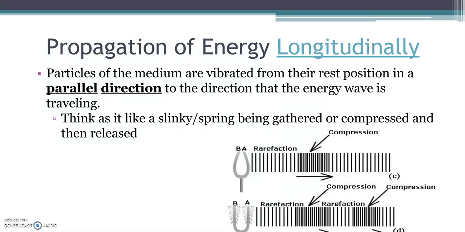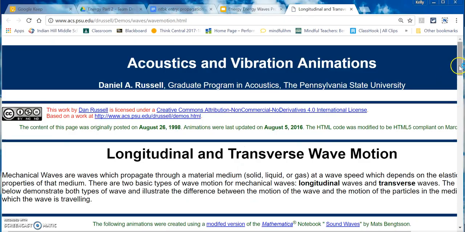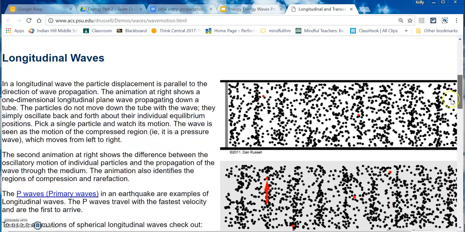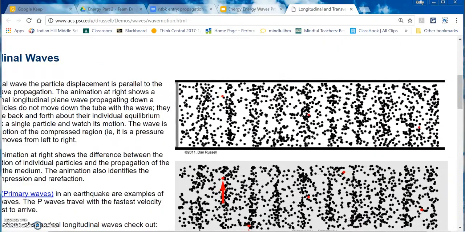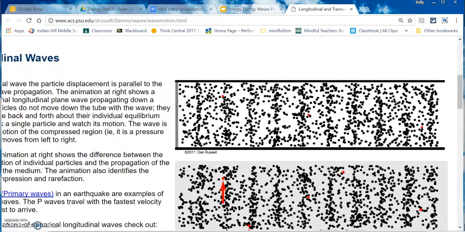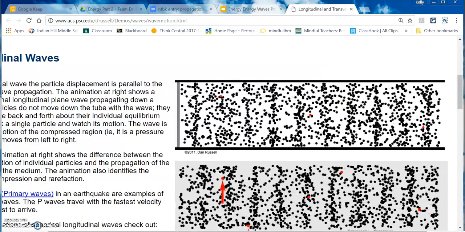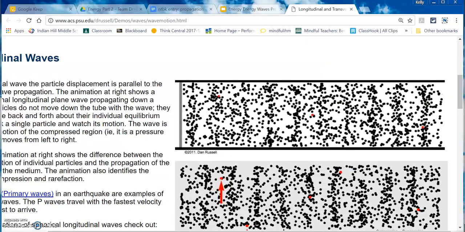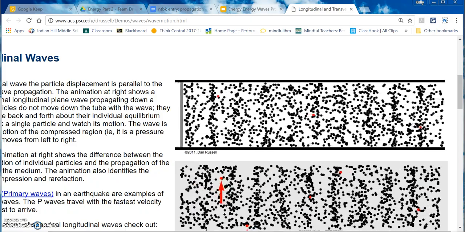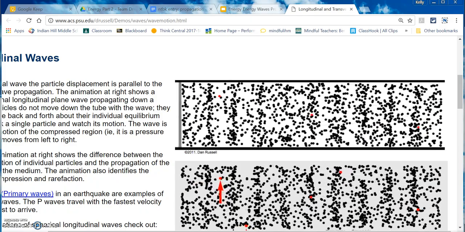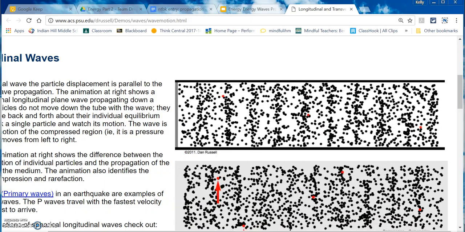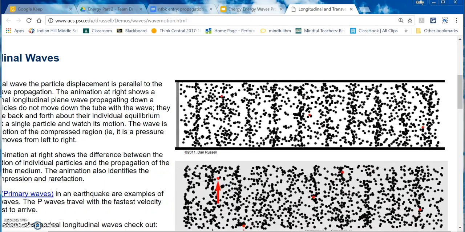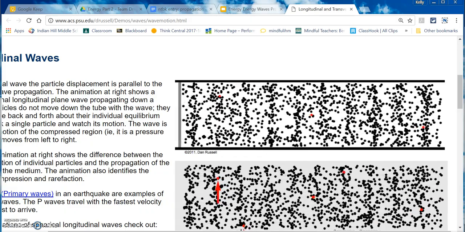Okay. Looking at the website, the longitudinal simulation is a little bit better, I think, than the transverse simulation on this website. I like here, this gray bar over here on the left side of the top diagram is simulating a force. So there's some kind of pushing force that is causing this matter right next to that gray bar to hit other matter.